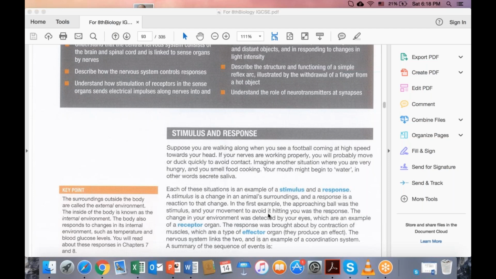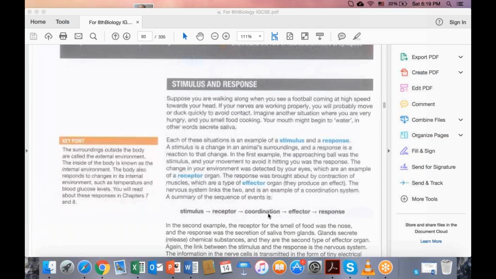An effector can be a muscle, for example a hand muscle, arm muscle, leg muscle, or any other organ. So we respond by using our effectors: we push or pull our hand, or we make our eye pupil narrower or smaller. This way we show our response to the environmental change.